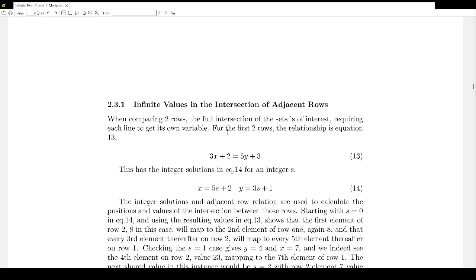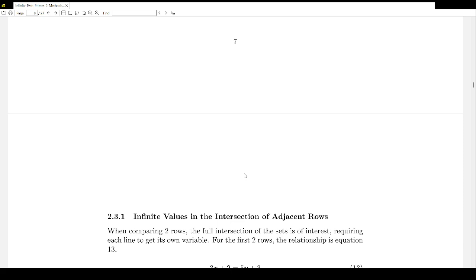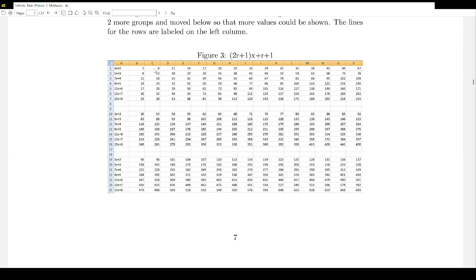So we're looking for values where 3x plus 2 equals 5y plus 3. If a number is in this line, we know it's not on the first row of either of those 2 surfaces. And if it's not on this line, it's not on the second row of either of those 2 surfaces.